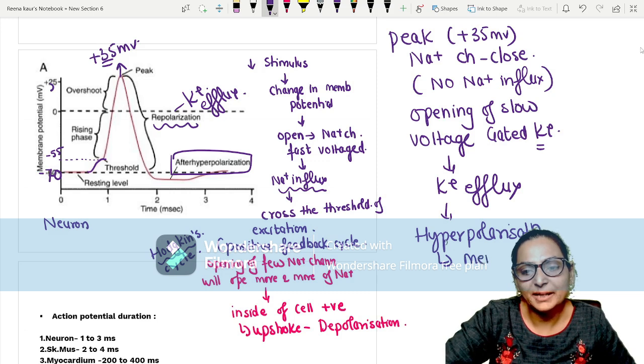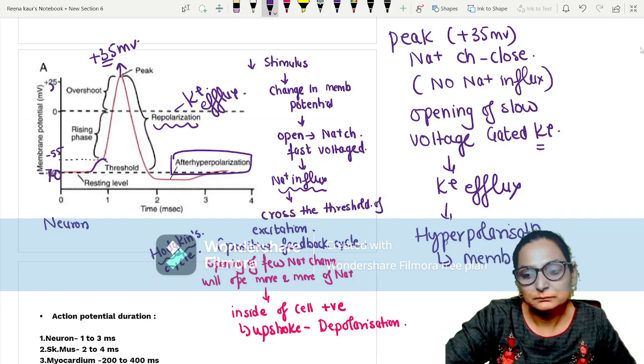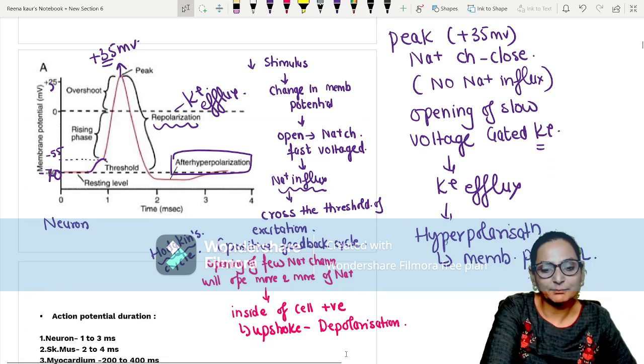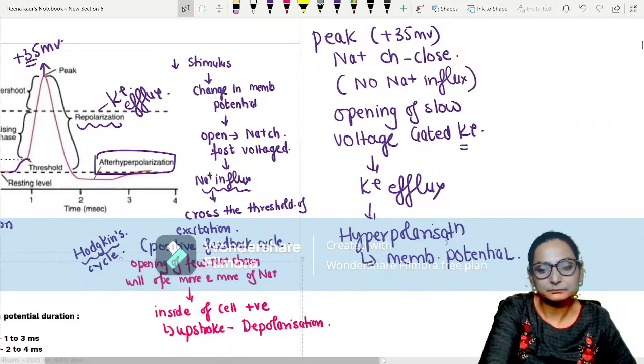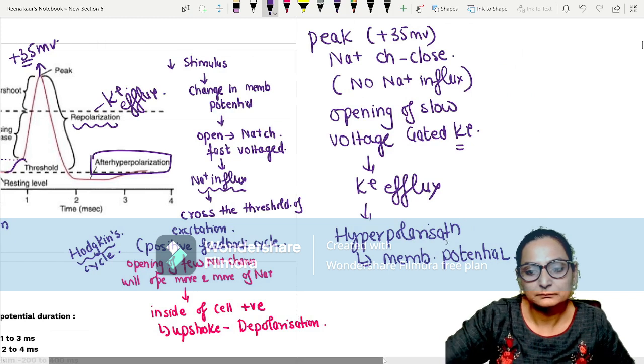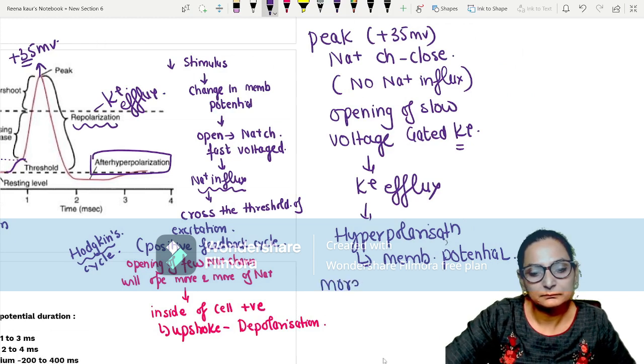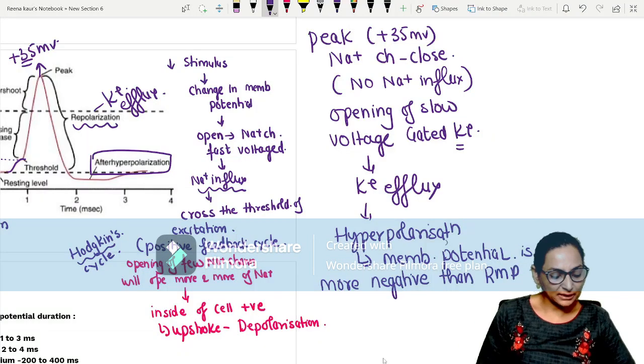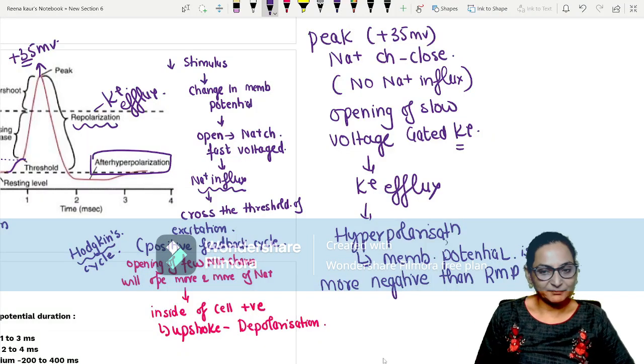In hyperpolarization the membrane potential is more negative than RMP. इसका मतलब RMP जो -70 था उससे भी ज्यादा वो नेगेटिव हो गया है.